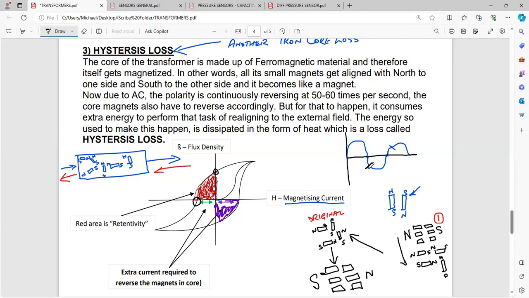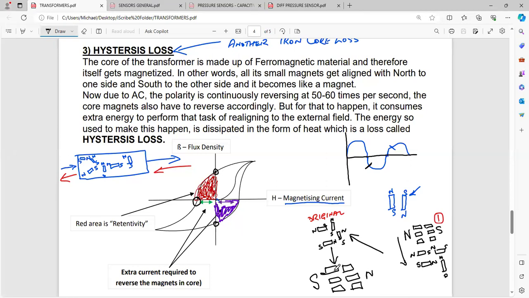And then again, this particular cycle is now proceeding towards the positive half, and the magnetizing current is becoming less and less. So just like here it was coming in this direction, here also it is not going to come to zero. You're going to have this type of situation somewhere in between. And therefore, you'll come up to this particular point where there will again be some residual magnetism.